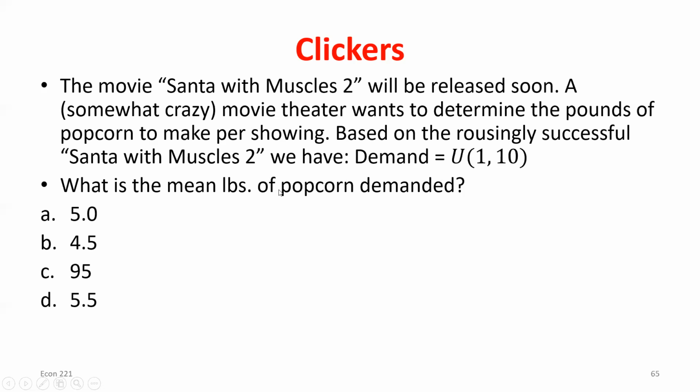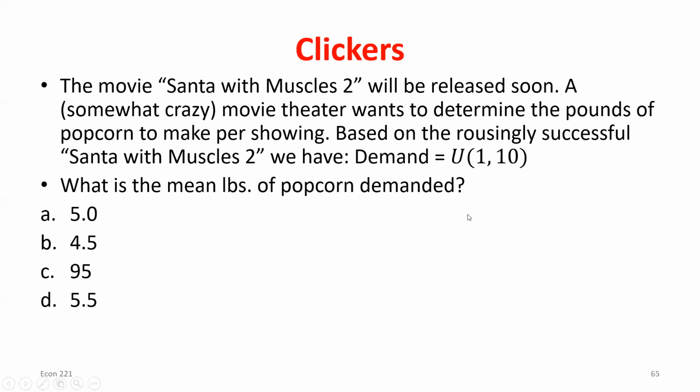So if I had this, what would the mean pounds of popcorn demanded be? Or what would the expected value be? Well, if I know the minimum of my distribution is 1, the maximum is 10, I just have to find the middle number there. So I would add them up, divide by 2, so 1 plus 10 divided by 2 would be 5.5.